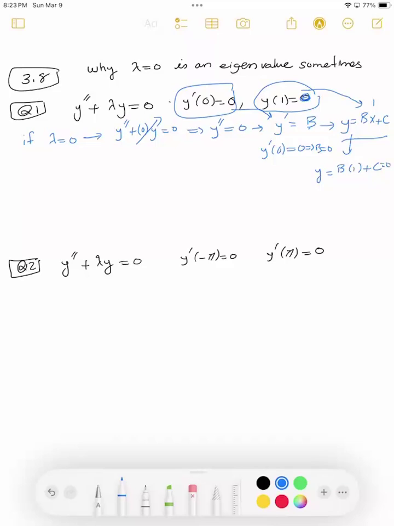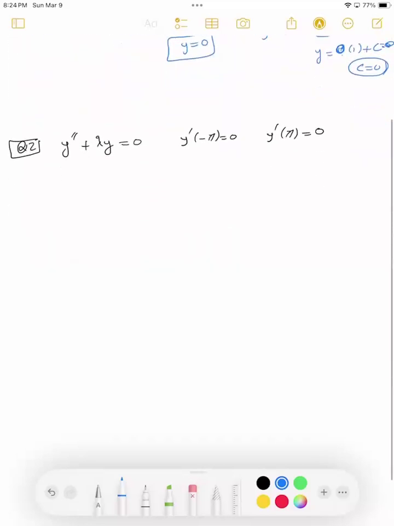But b is 0, so I have 0 plus c equal to 0, so c is 0. So c is 0 and b is 0, which is the trivial solution. So lambda equal to 0 is not an eigenvalue, because we just get y equal to 0.